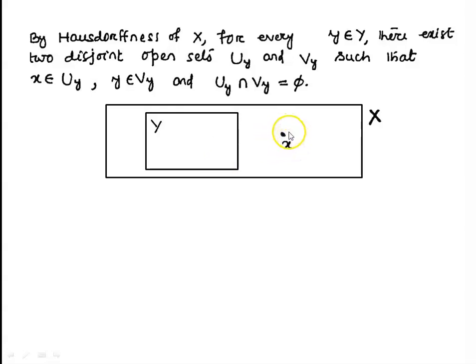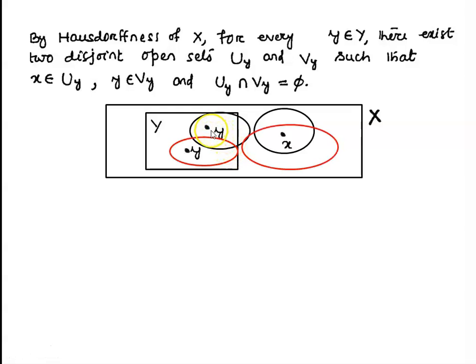We have to show that this X is not a limit point of Y. So for every point in Y, by Hausdorffness, we have two disjoint open sets. The open set containing X we have denoted as Uy, and the open set containing y in Y we have denoted as Vy. So for every pair of distinct points, we have two disjoint open sets which separate them.